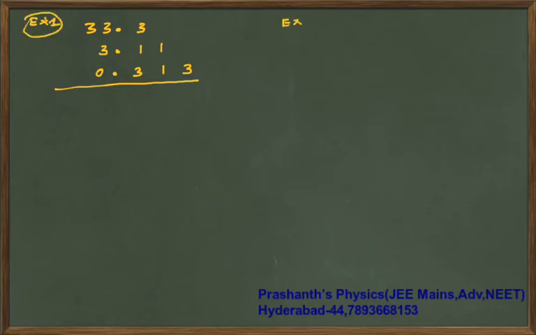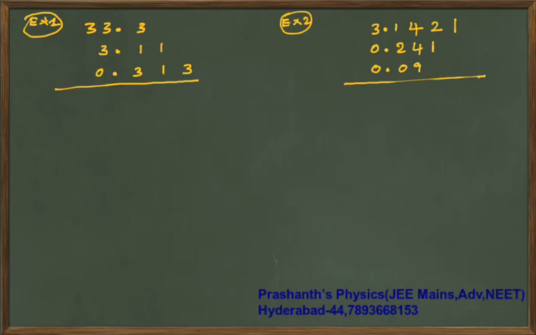Next, second question is 3.1421, 0.241, 0.09. Give the answer. Okay, these all are additions. Okay, plus plus plus.